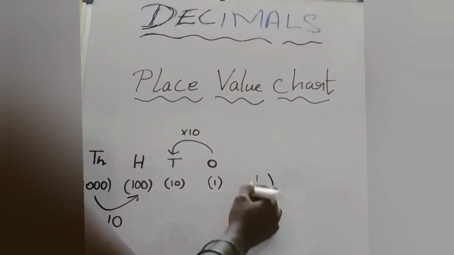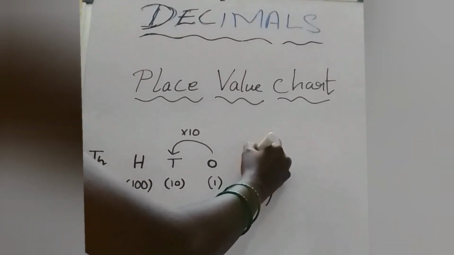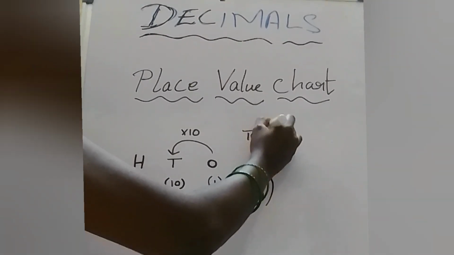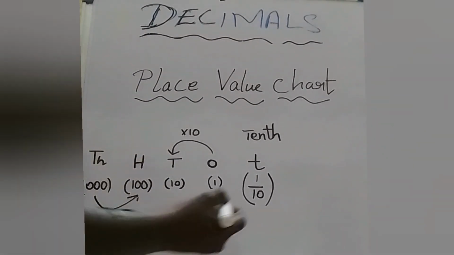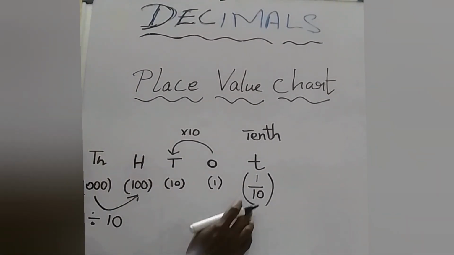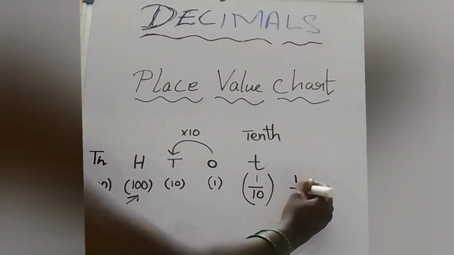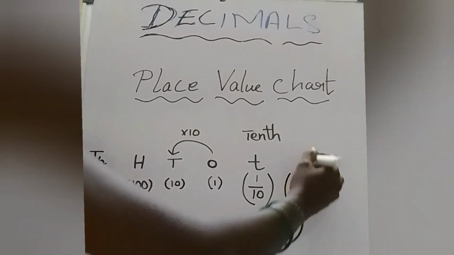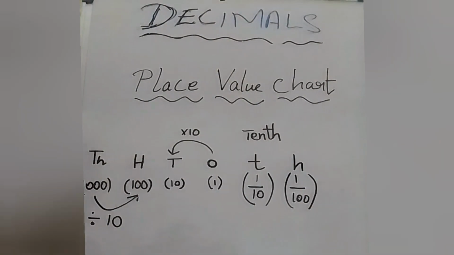What is this 1/10? We call it the tenth place. Again, when you divide it by 10, you get 1/100. This is the hundredth place. I'm denoting it with a small h because we need to know the difference.